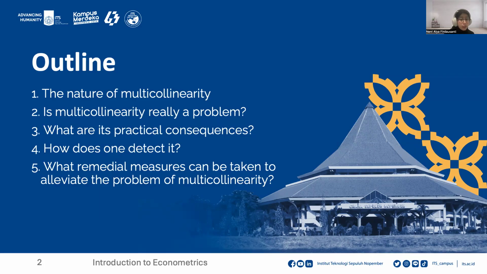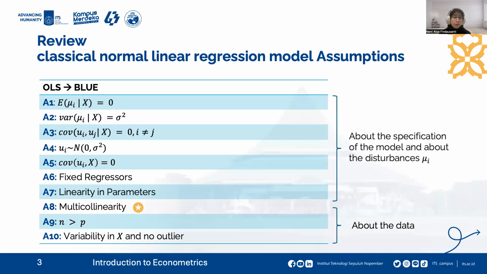Right. So before we get into multicollinearity, let's review the assumptions of the linear regression model. We have in total 10 assumptions, if we are going to use OLS as our estimator for the regression coefficients.